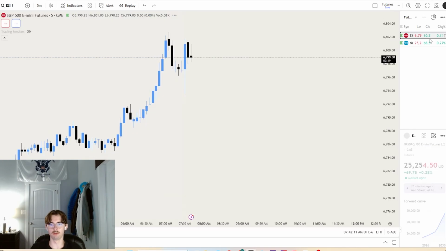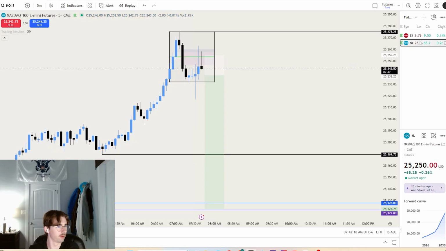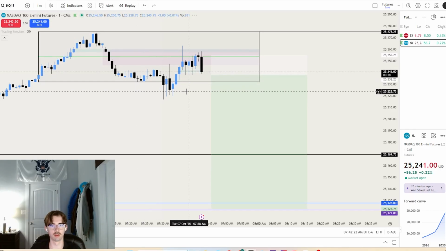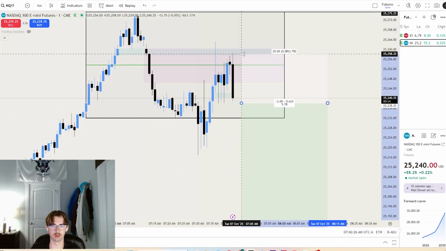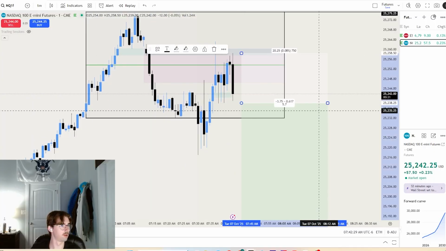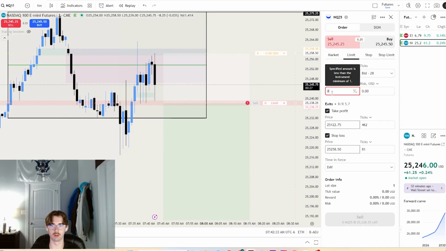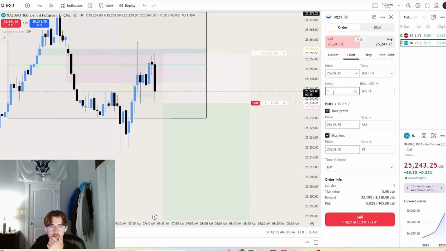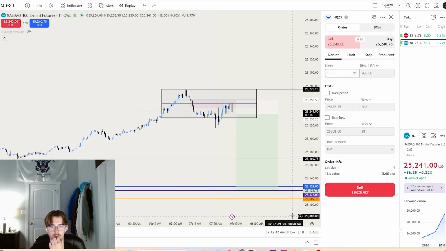Don't really know what ES is trying to do right now. I don't like how ES is printing. I like how NQ is printing though. We're getting a nice candle down. $400 is insane on the market order, $450.